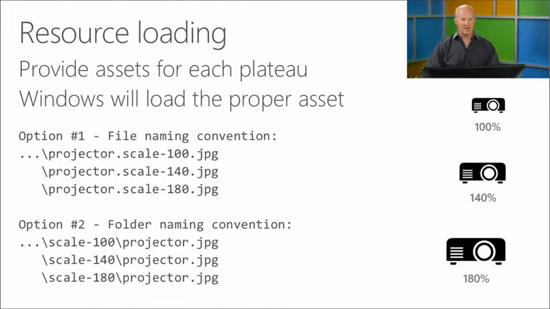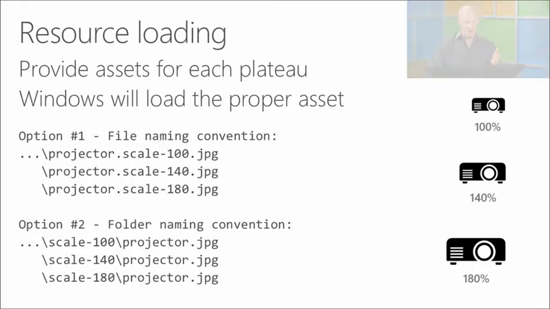So if I have fixed assets, for example, option number 1, if I had in my markup projector.jpg, it would automatically grab that particular resource from the app's resources.